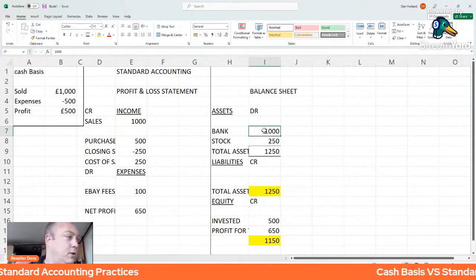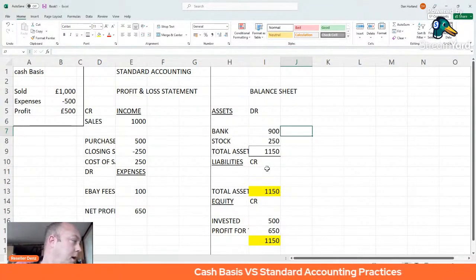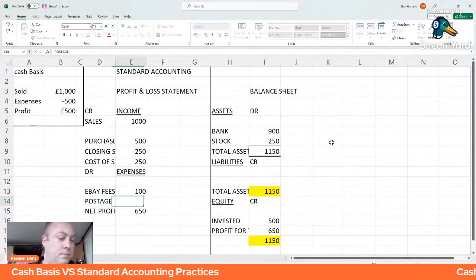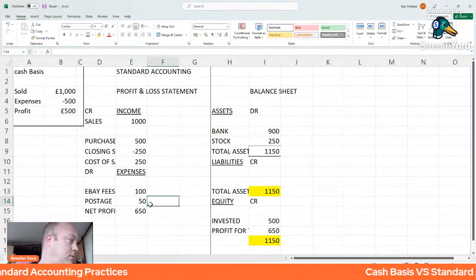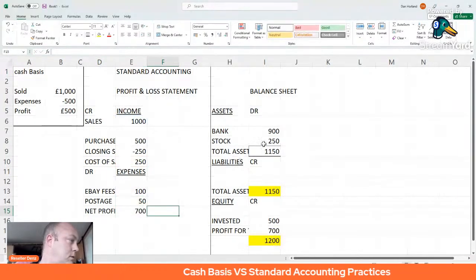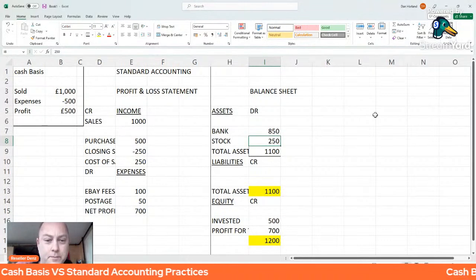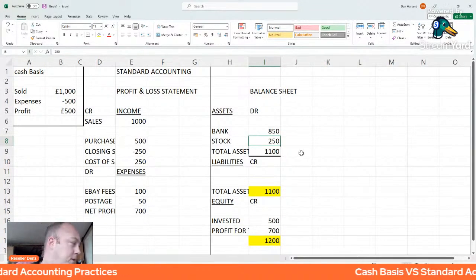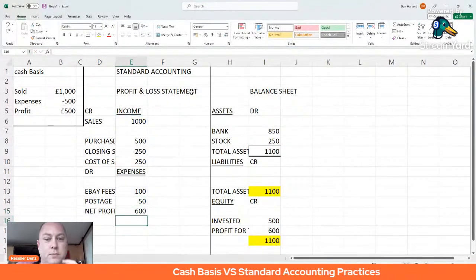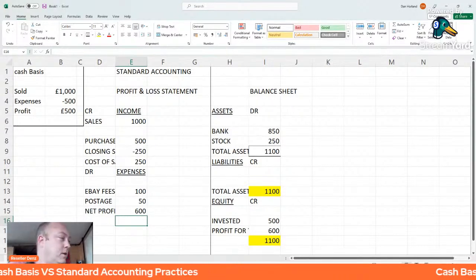So that's going to bring your bank down by 100. Things like posting, let's say 50 quid. So that becomes 850. You've still got your stock for the end of the year, and now we've got a balance for you because I screwed up that sum. So that needs to be minus. There you go.